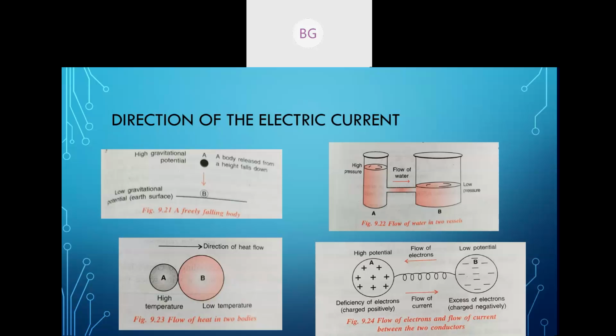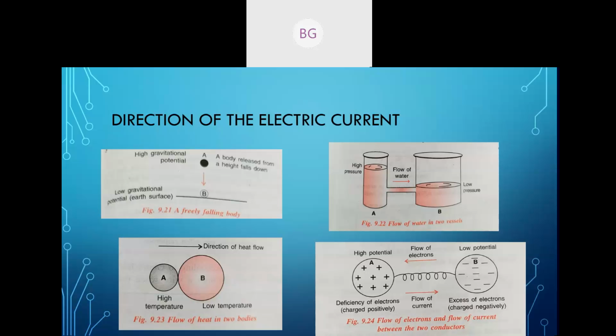Okay, so one more example. As we can see in figure 9.22, we have two containers filled with a liquid, right? And the two containers are connected with a pipeline. In container A, the level or the amount of liquid is more compared to the amount of liquid in B. So when we connect these two beakers, the water starts flowing from container A to container B. Why?